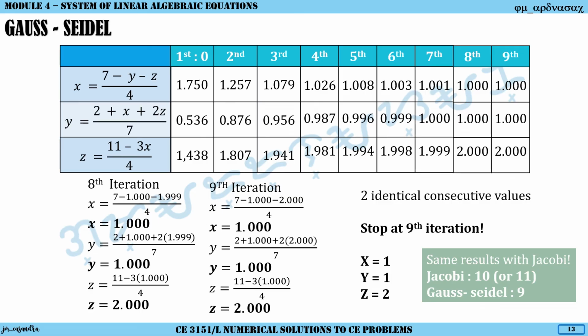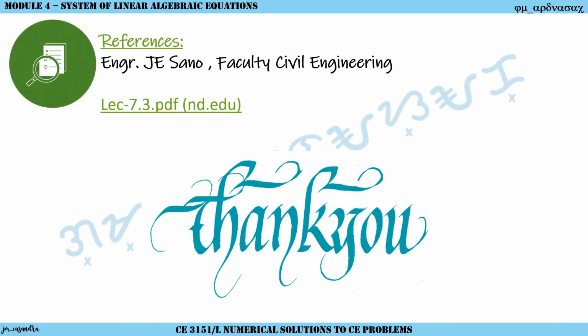So basically, mas maganda nang gamitin si Gauss-Seidel when it comes to iterations since our iterations will be lesser but more accurate. Okay? So that's it for the iterative methods for linear equations. So thank you for listening.